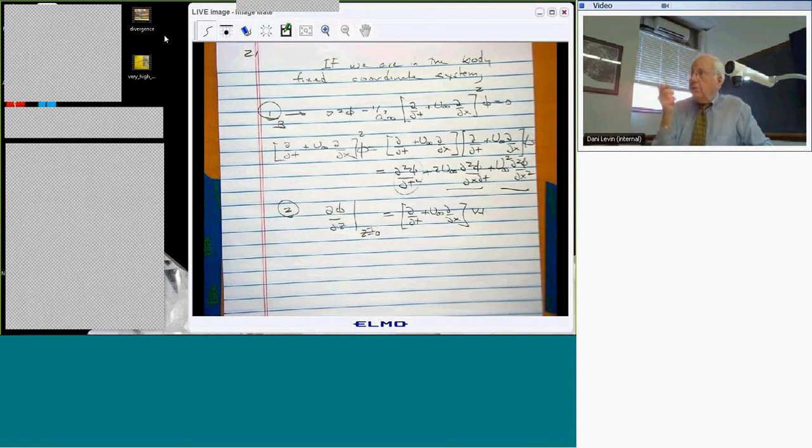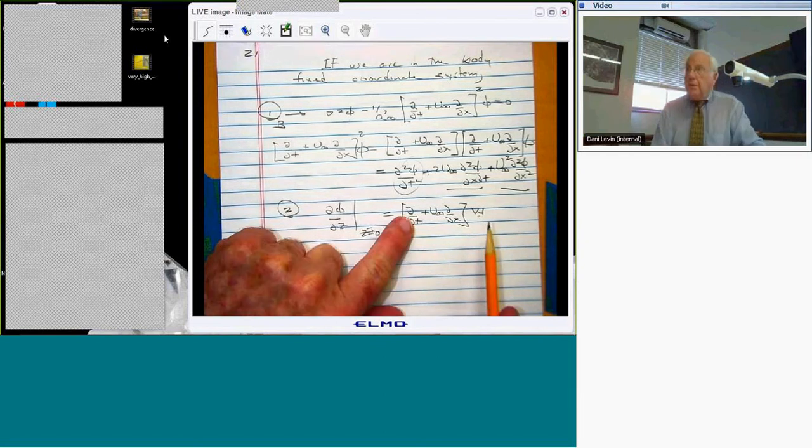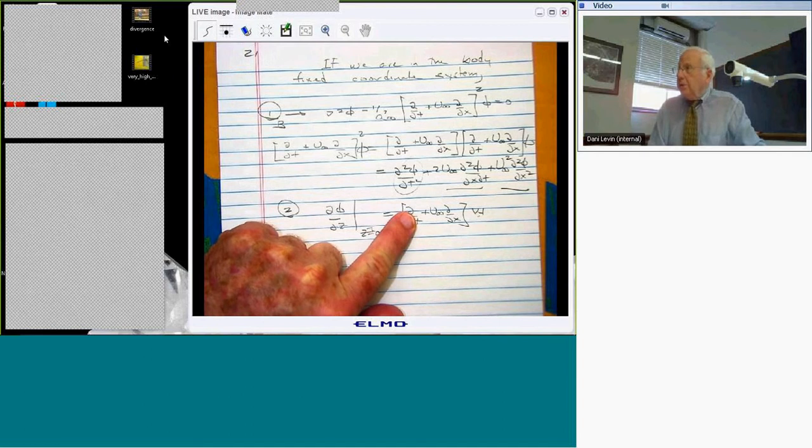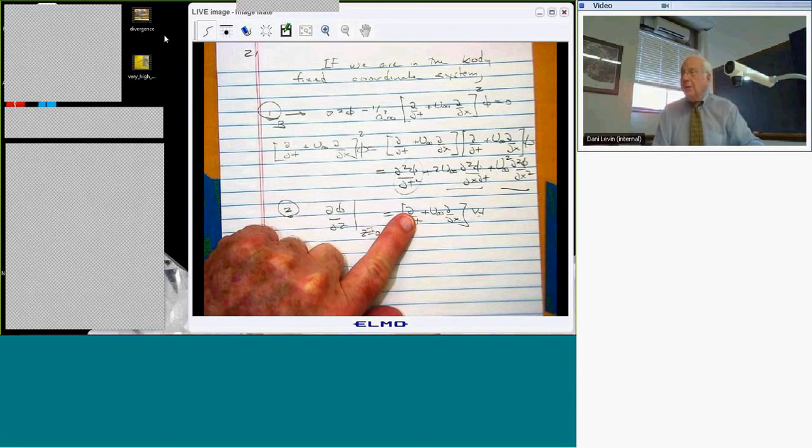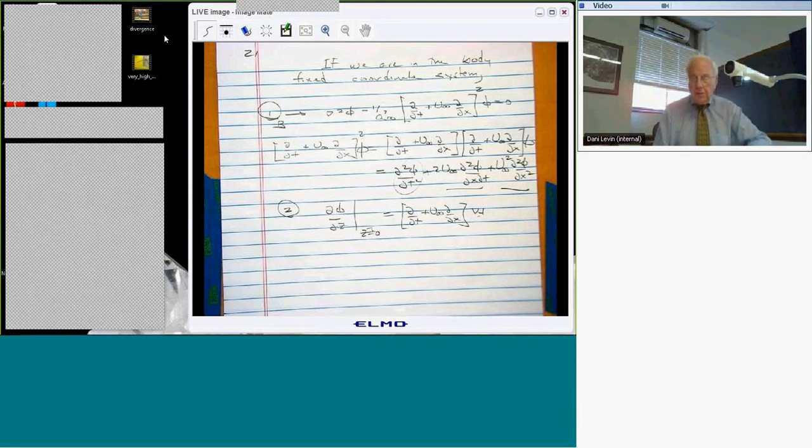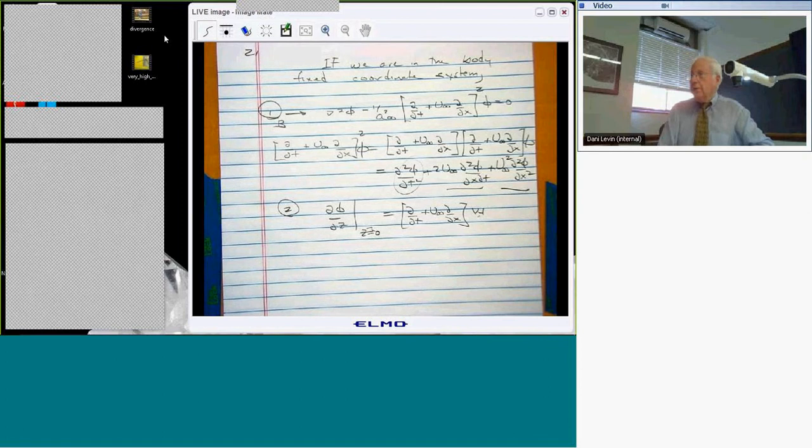So note that if I'm in the body fixed coordinate system, even if w does not change with time, there's still a term there. So even in steady flow, if I'm in the body fixed coordinates, there's some non-trivial contribution to the boundary condition, which is really important. Otherwise, steady flow aerodynamics would be pretty trivial.